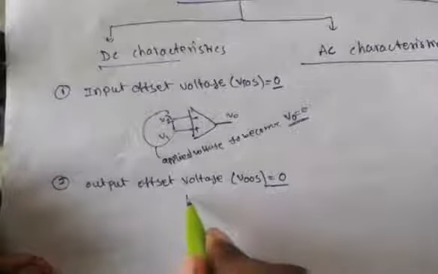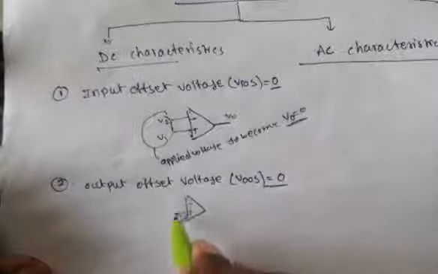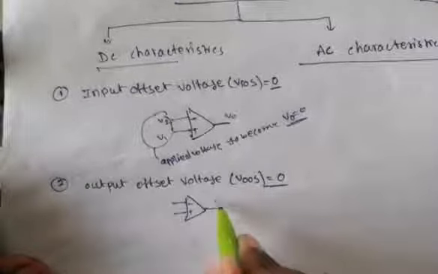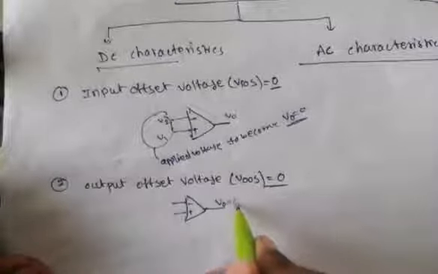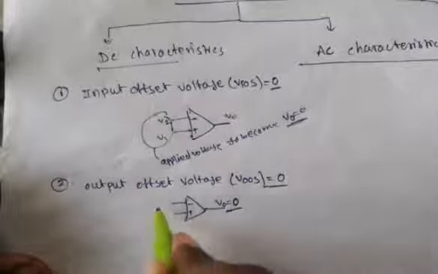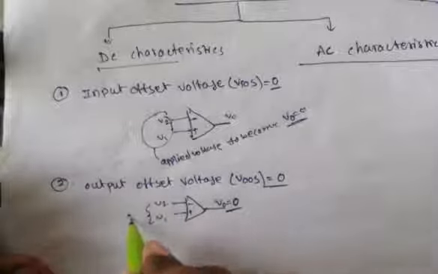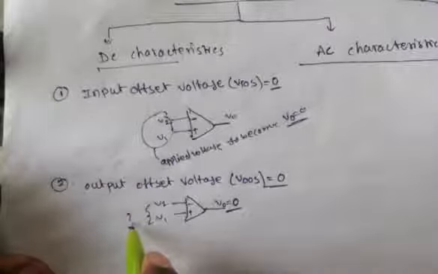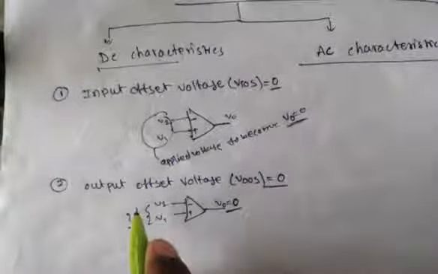In this case, this is the operational amplifier. When the output voltage is 0, whatever the input side voltages are, that is called output offset voltage.